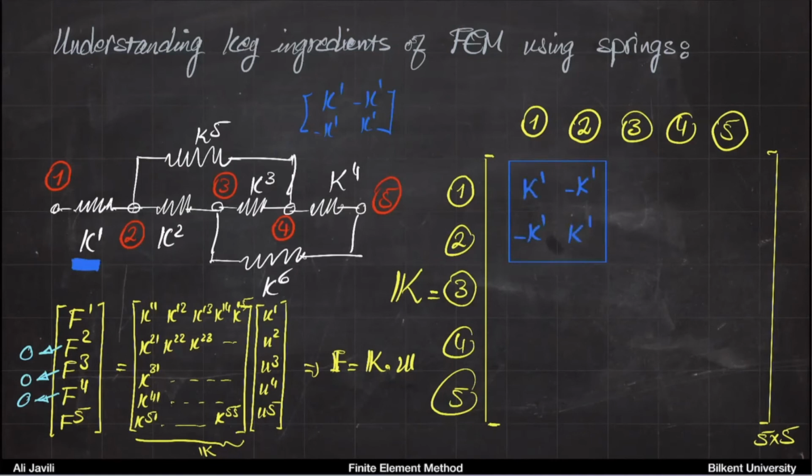Okay. Now let's do 2. For 2, I'm going to use, I don't know, the color green maybe. So I use this green here. Now, element 2 is between nodes 2 and 3. So now you are going to have a square which would be here.